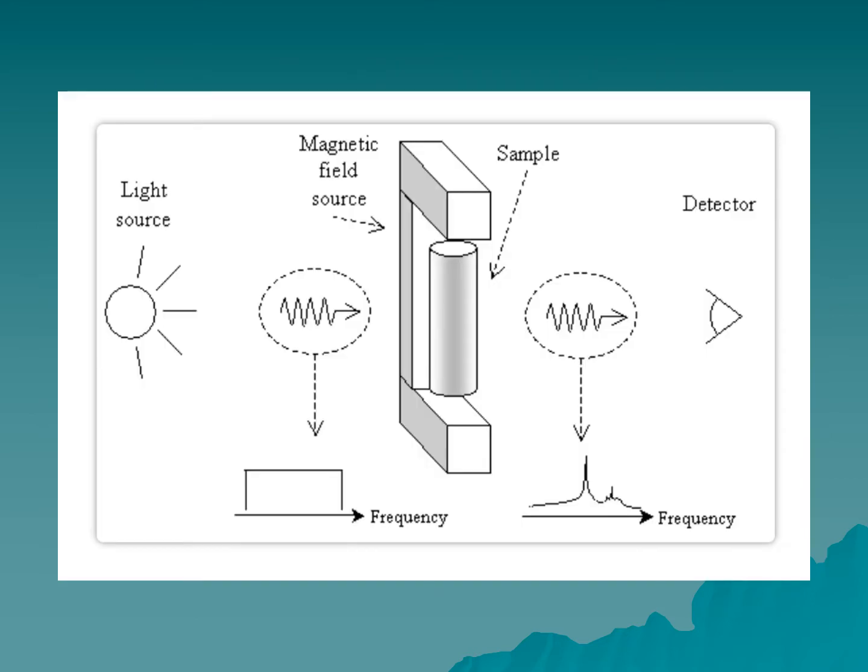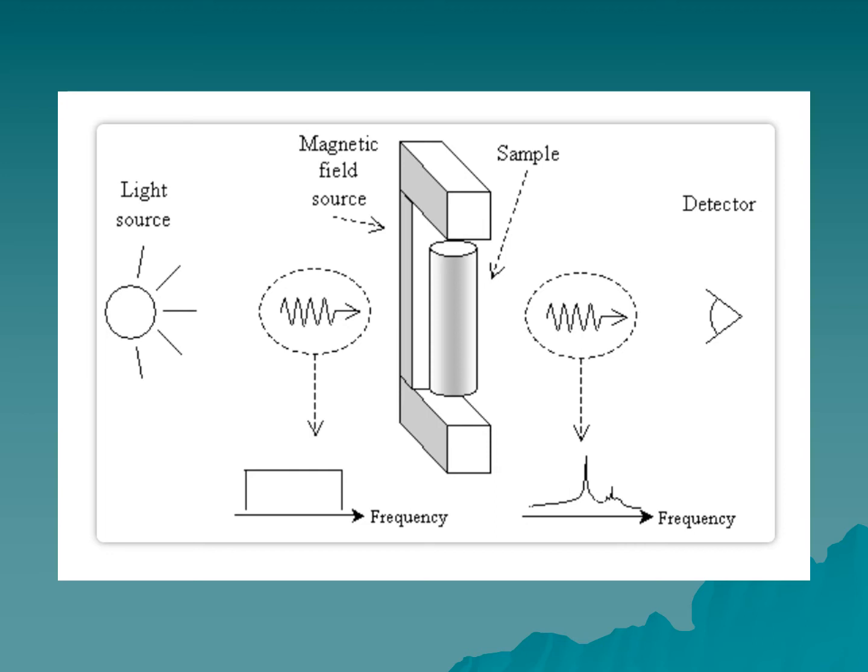This is a generic schematic of what happens in an NMR. There's a source of energy, and that energy is run through the molecule, and there's a magnetic field in the sample, and then signals from the sample are detected.